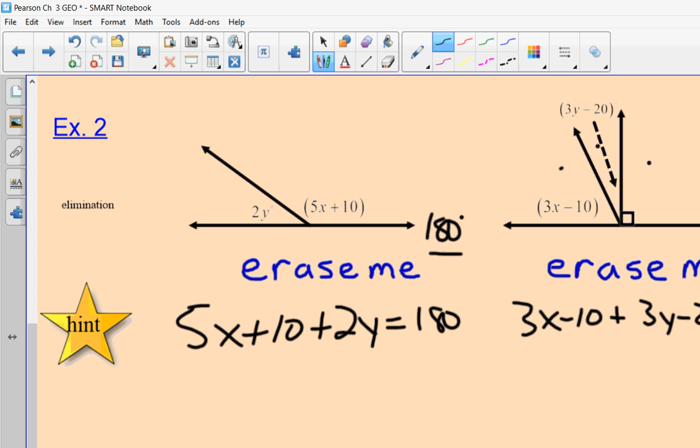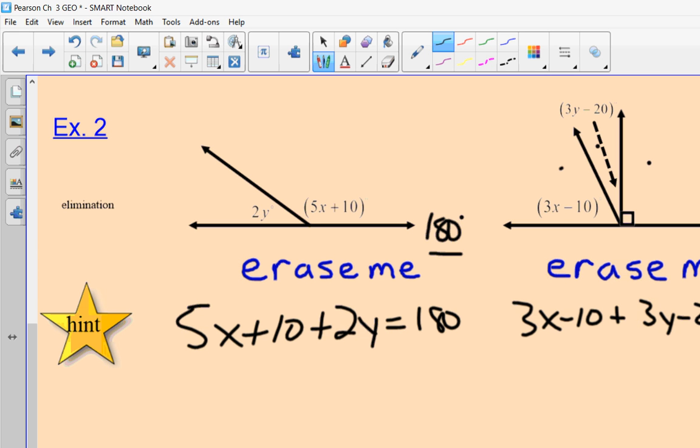So, what they're asking me to do here is to solve for x and solve for y. Well, I got two different variables. I can't really solve them, get a value for x, get a value for y. But in Algebra 1, we learned about systems of equations where I can take two equations that have the same variables and use elimination to solve it, okay?